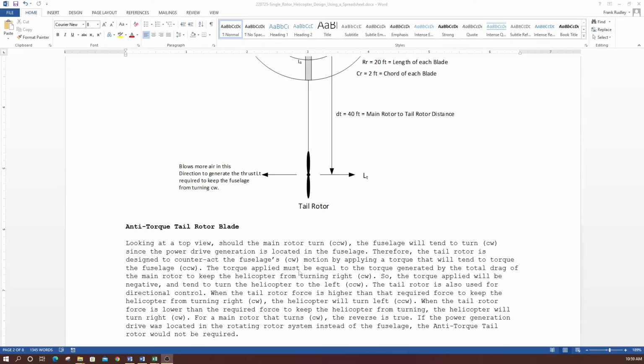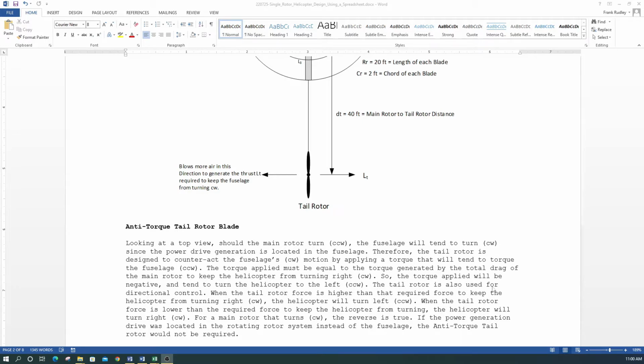The torque applied must be equal to the torque generated by the total drag of the main rotor to keep the helicopter from turning right, which is clockwise. So basically it's the torque generated off of the drag of the main rotor that tends to make the fuselage turn clockwise. So we put a counterclockwise torque on it to stabilize it, to keep the fuselage from spinning. The torque applied will be negative and tend to turn the helicopter to the left, counterclockwise.